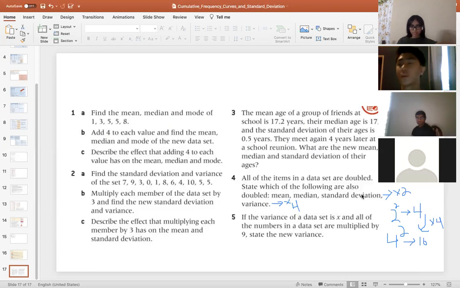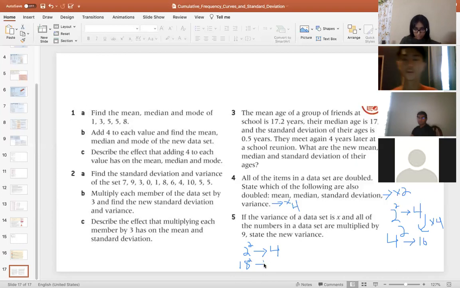Yep, Alan, you did it. So what I did is I said the standard deviation, as an example, would be 2. So 2 squared equals 4. And then it says multiply by 9, so it would be 18 squared, which is 324.